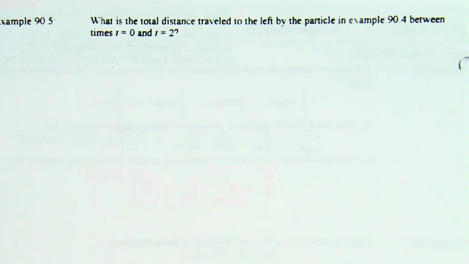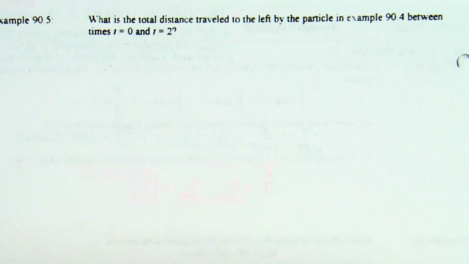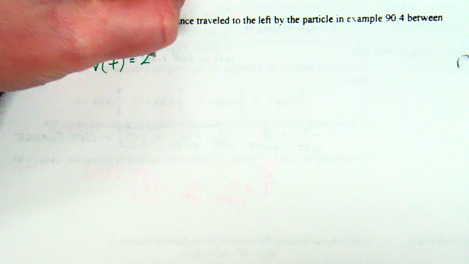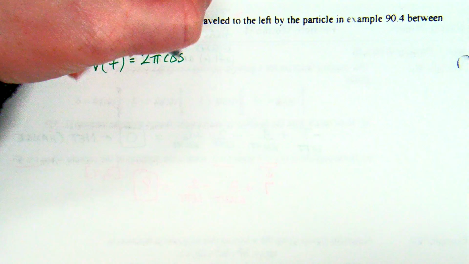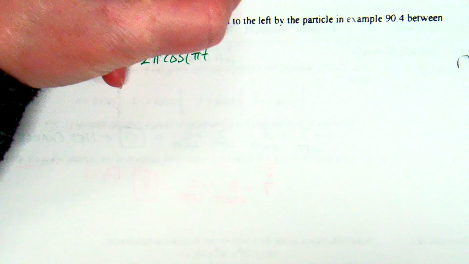Okay. What is the total distance traveled to the left by the particle in example 4 between times t = 0 and 2? So, that's the example we just did, right? That is the example where we were given v of t equals 2 pi cosine of pi t.